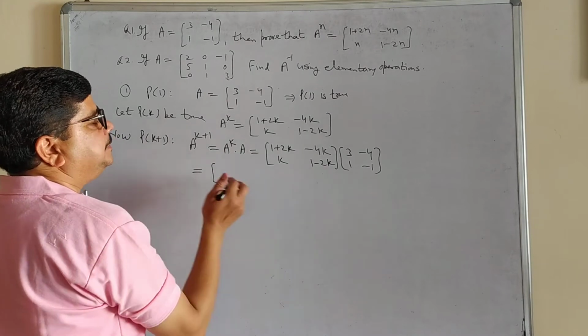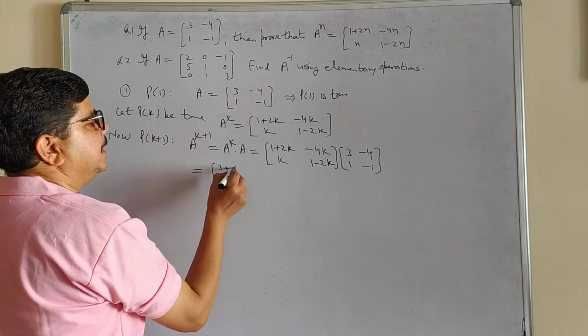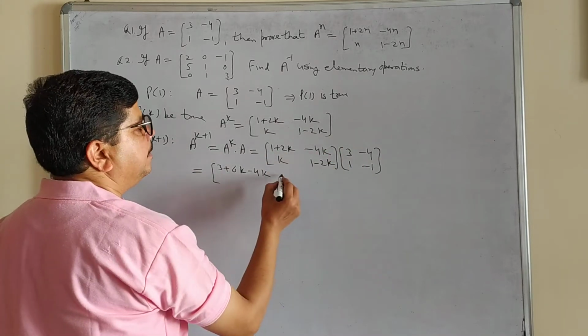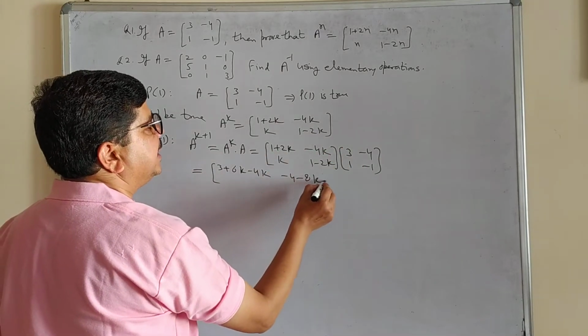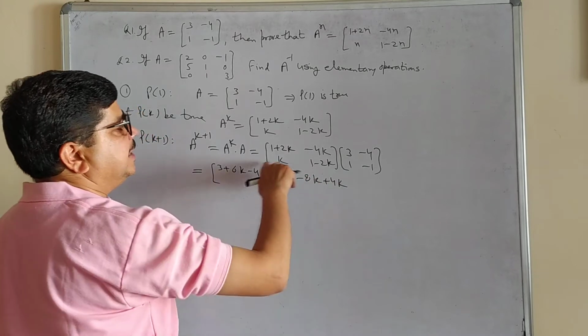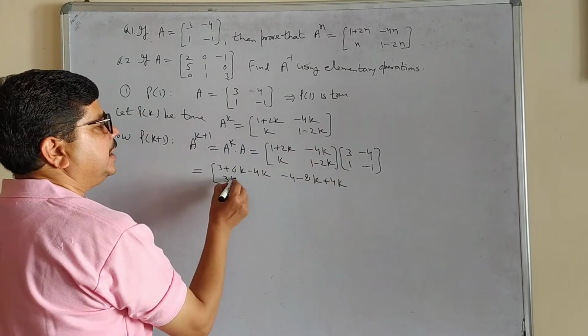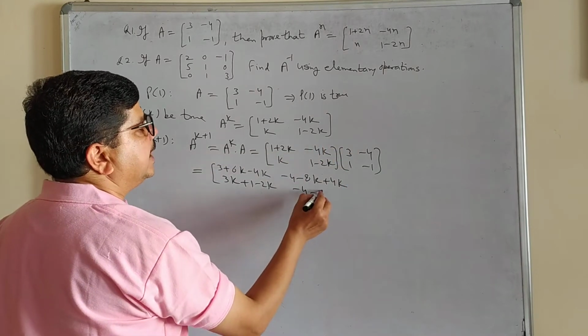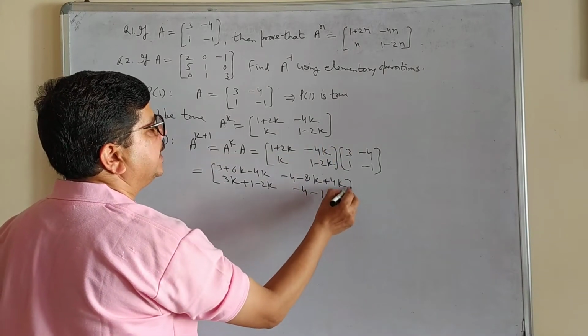When you multiply: 3 plus 6k minus 4k, first row second column, minus 4 minus 8k plus 4k. Then second row, first column, 3k plus 1 minus 2k. Then minus 4k minus 1 plus 2k.